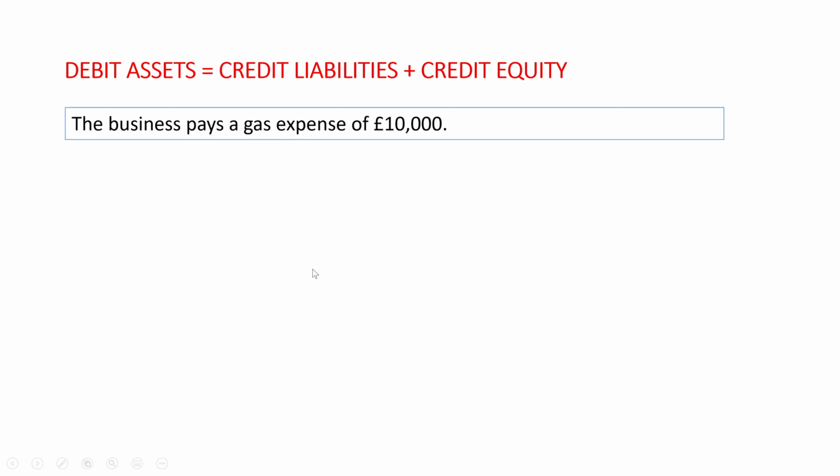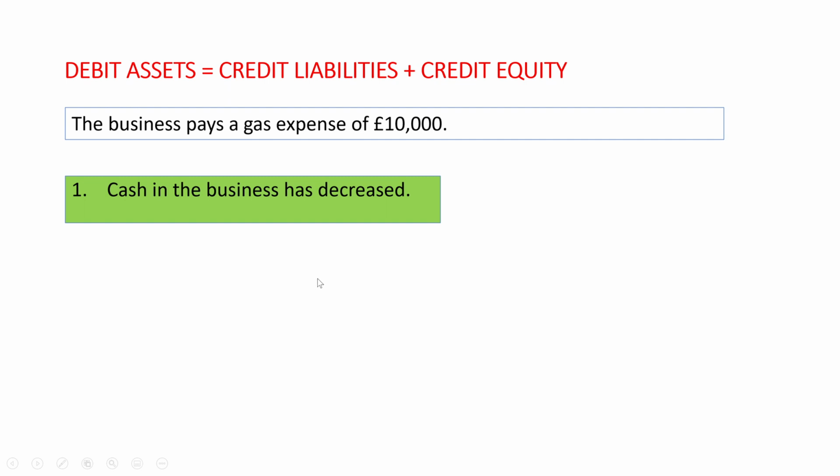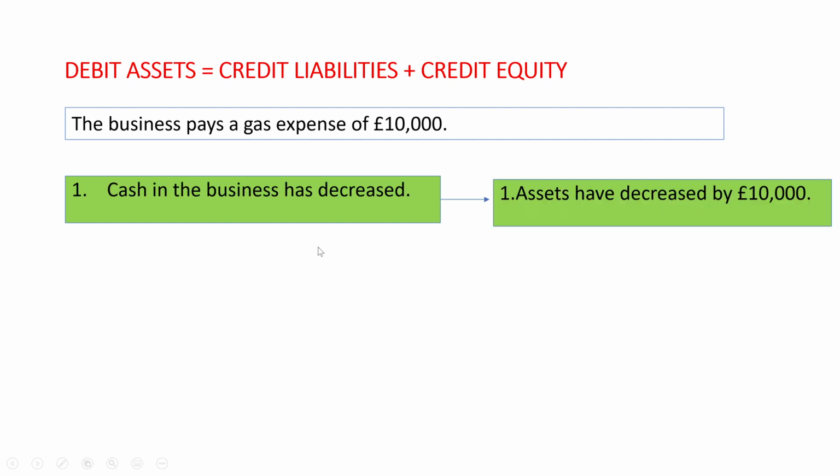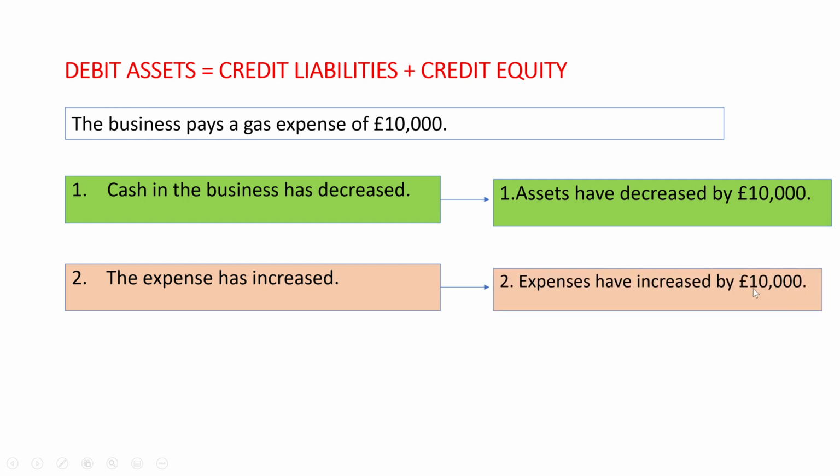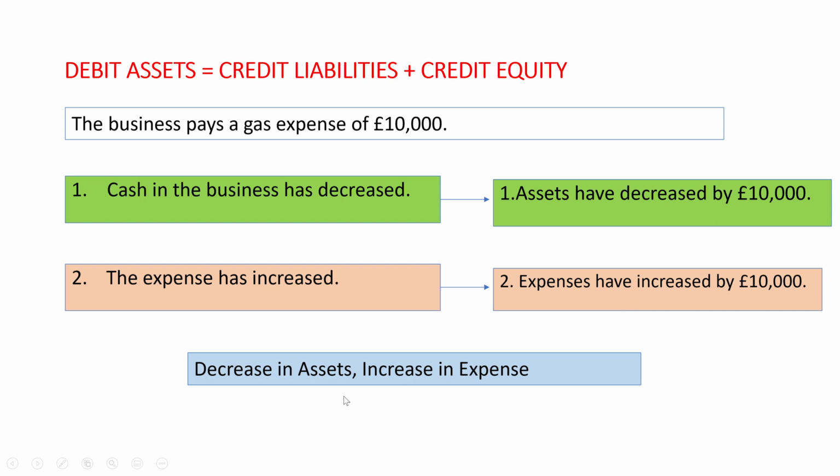Now let's go for an example or two. So the business pays a gas expense of £10,000. Your cash in the business is decreasing as a result because you're spending money. So your assets have decreased by £10,000. The expenses increased by £10,000. So you're seeing a decrease in assets and increase in expense.